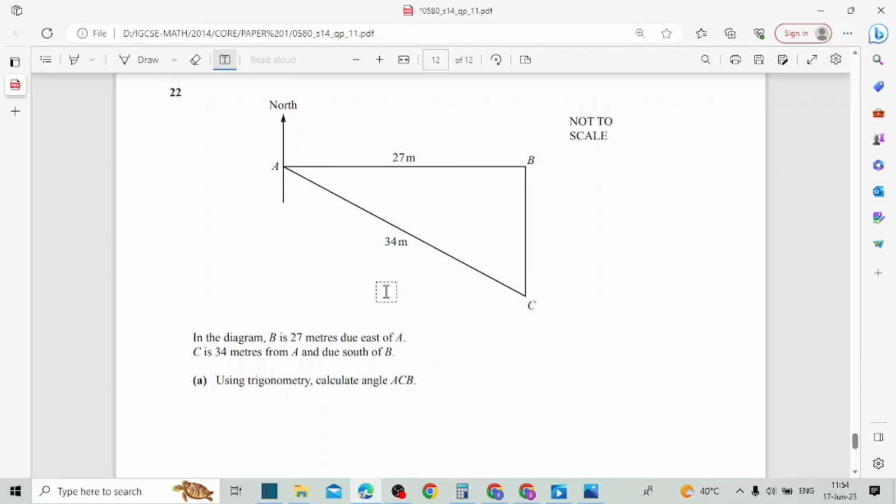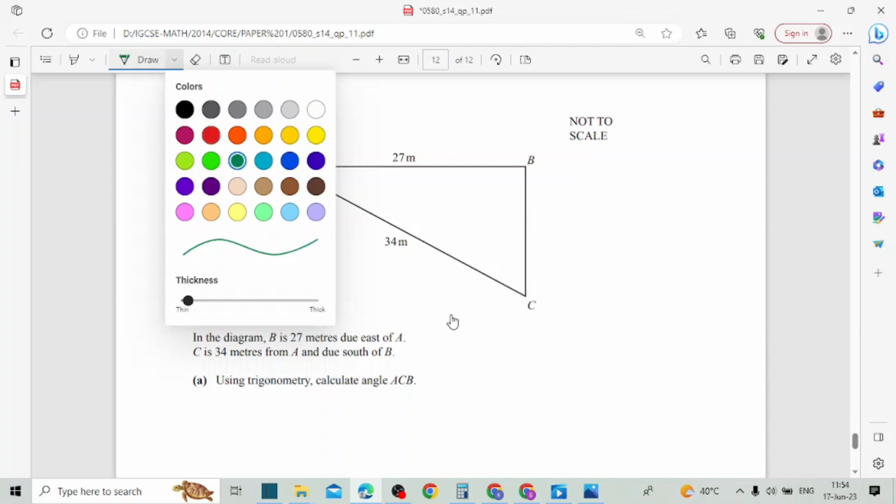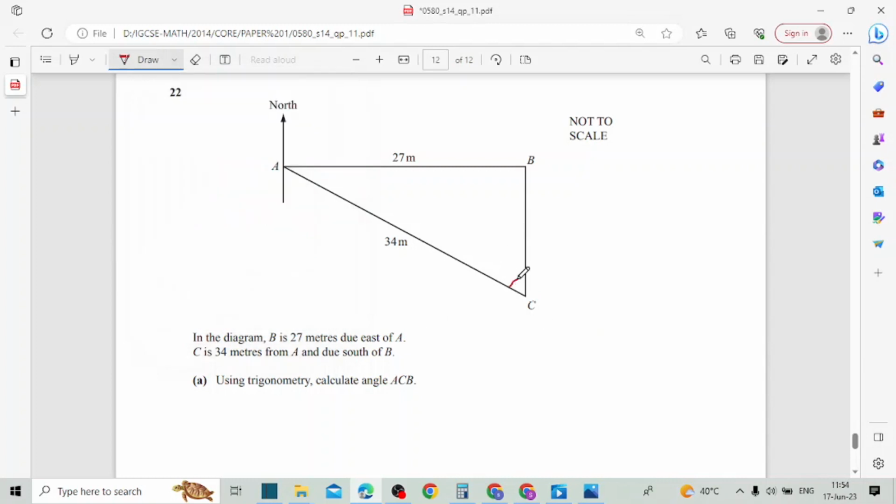Now, using trigonometry, calculate angle ACB. This is the angle we have to find. So it is the theta.